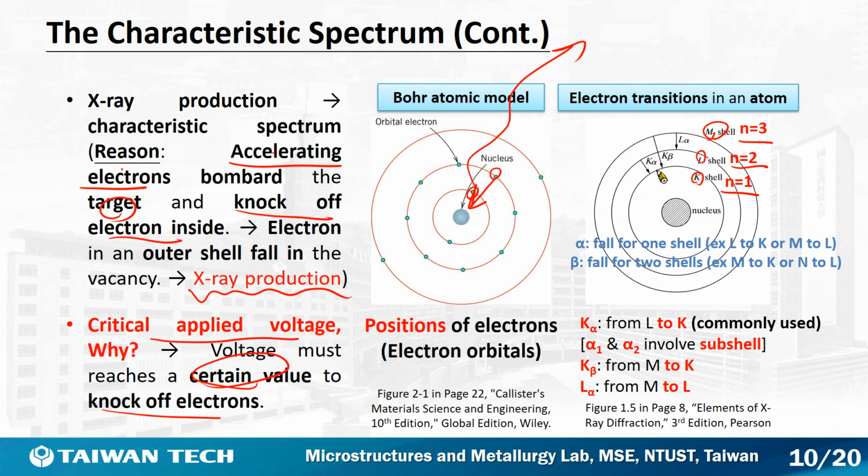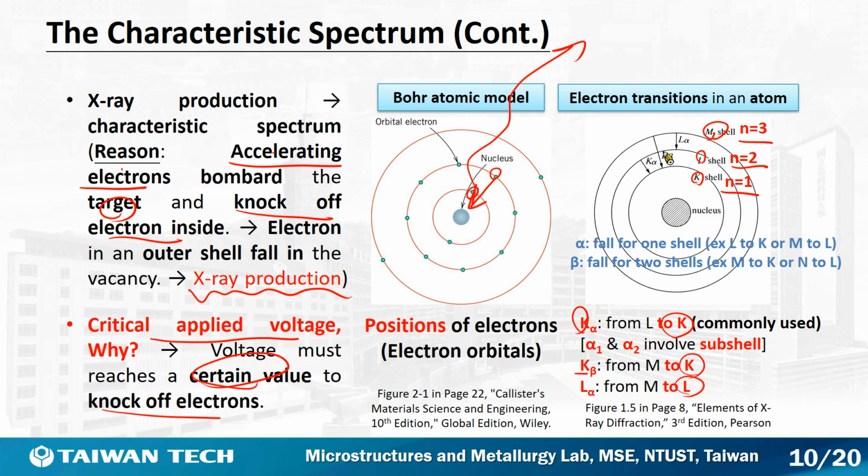The electron that was removed from the K shell, so another electron must go inside to fill the vacancy, right? So if we fill the K shell vacancy, we call it K. So K means from somewhere to K. L means from somewhere to L.